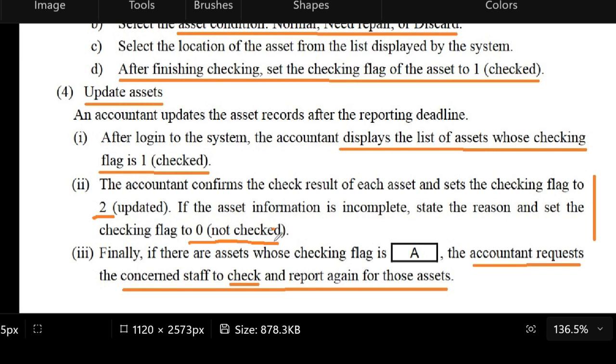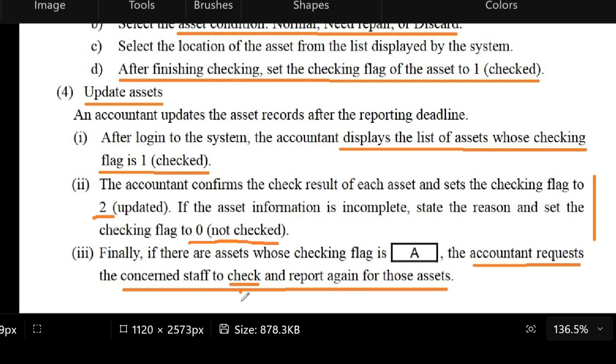So that's why if it's 0, we can see in the next step, for those with the checking flag that is blank, the accountant requests the concerned staff to check and report again for those assets. From here we know that the answer would be 0, because if the asset did not pass the confirmation of the accountant, then it will need to be checked again.